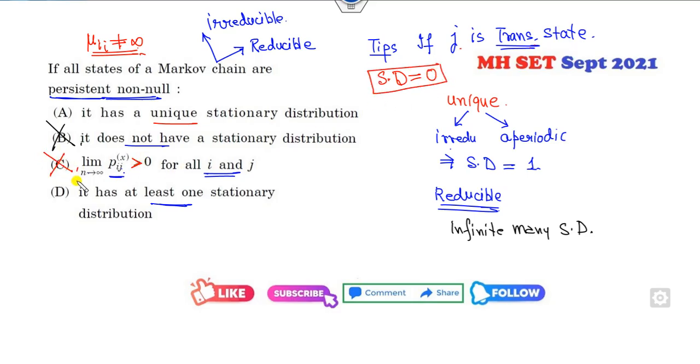That is the wrong option. Whether it's unique or at least one: if it is irreducible, then only 1. If it is reducible, then more than 1. So at least 1 should definitely be there, whether it's reducible or irreducible. So D is my right answer.